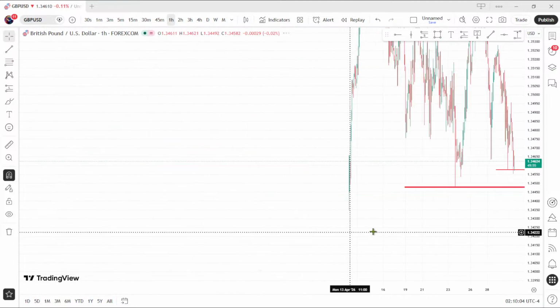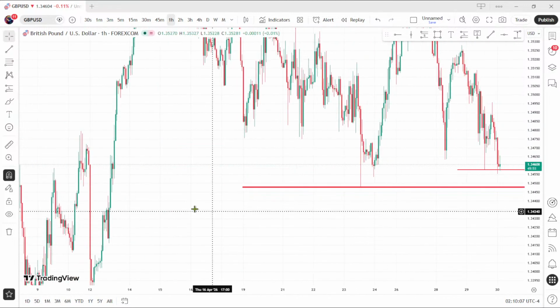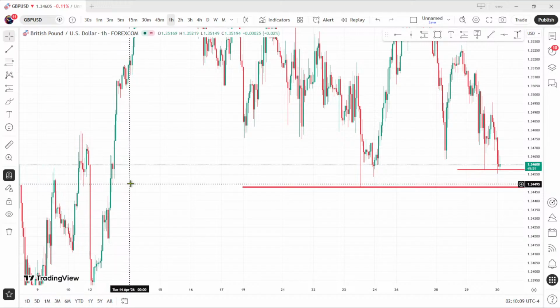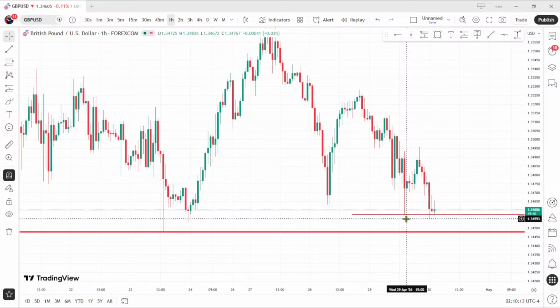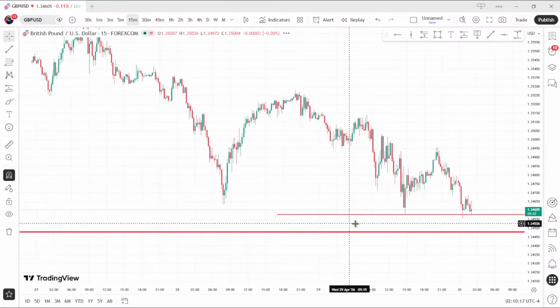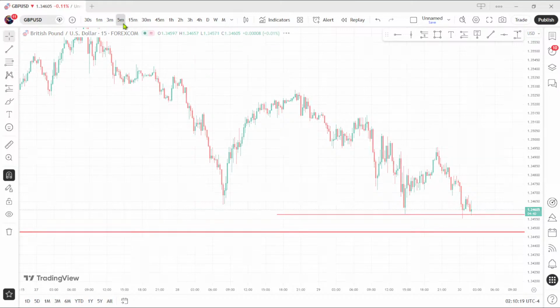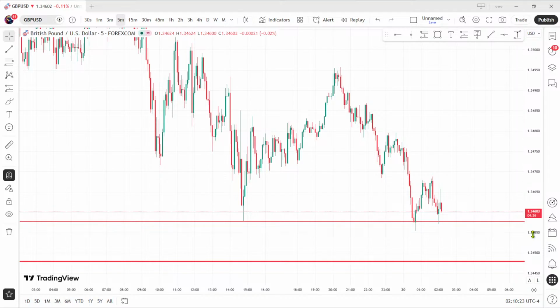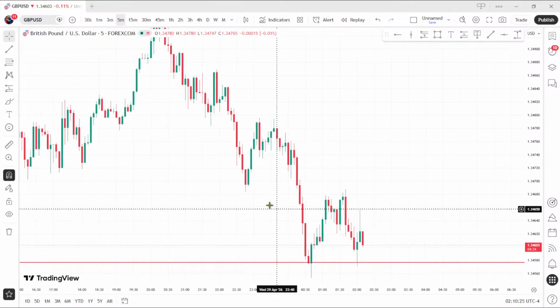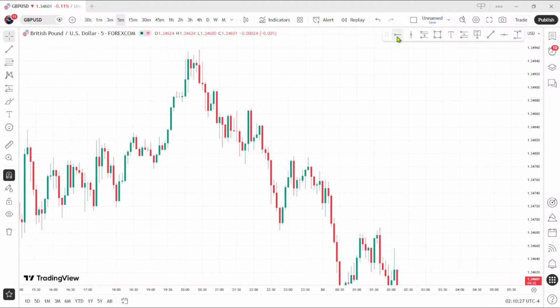We are 10 minutes past the New York session open. The London. You see it has swept that low. Just trying to mark some liquidity points before we kick in.